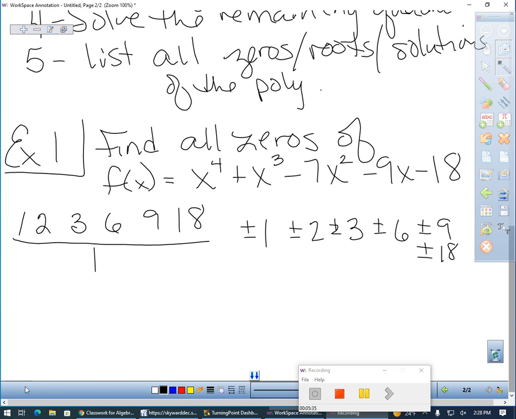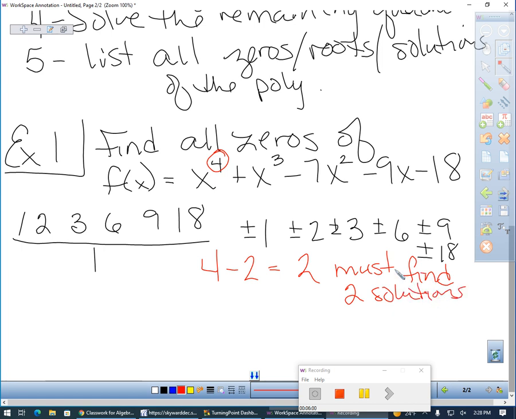Those are our possible. Now our highest exponent is a 4, which means before we can get started, we have to do 4 minus 2. We must find 2 solutions, or 2 that come out to be zeros. Okay?